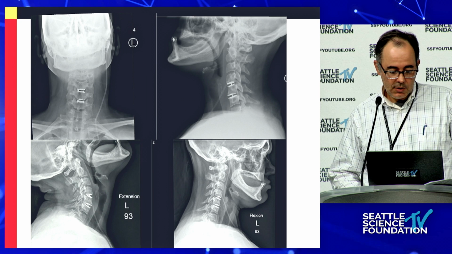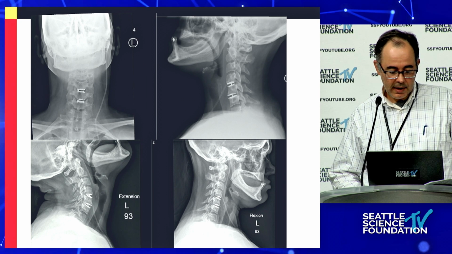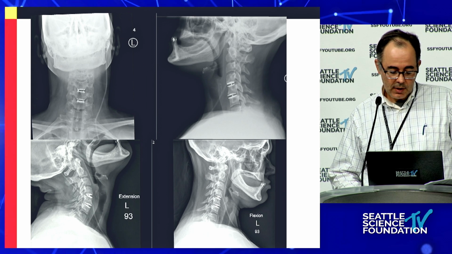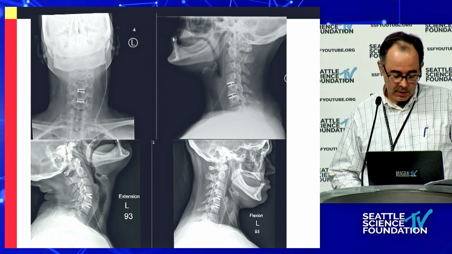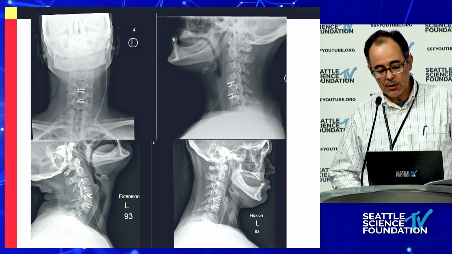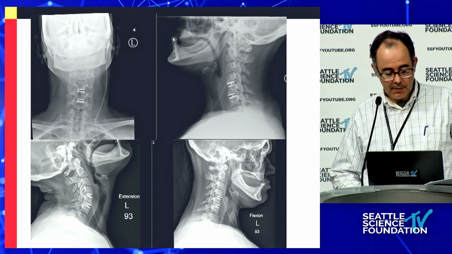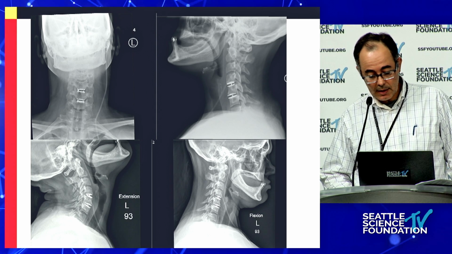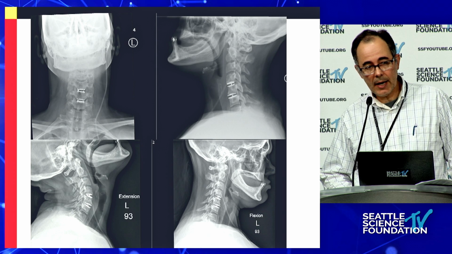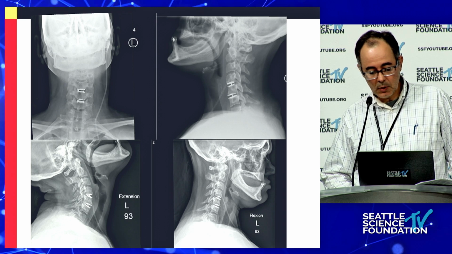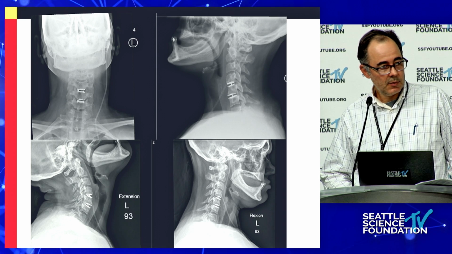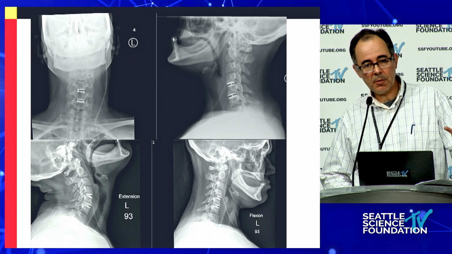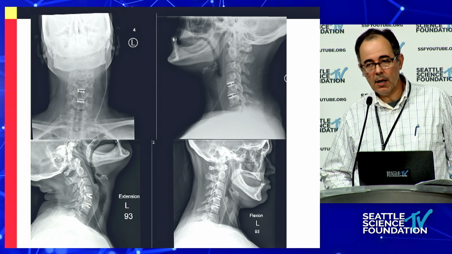She ended up getting a 2-level arthroplasty, and I actually have 10-year follow-up on her. She still continues to have normal motion at those levels. She developed an adjacent segment problem about 8 years later, which required a fusion, since once you have two levels of arthroplasty, you can't do a third level.